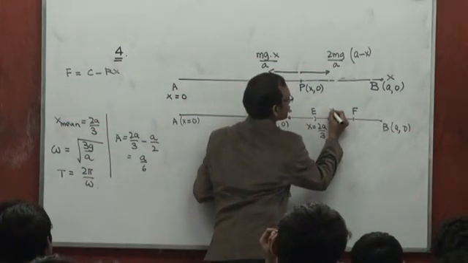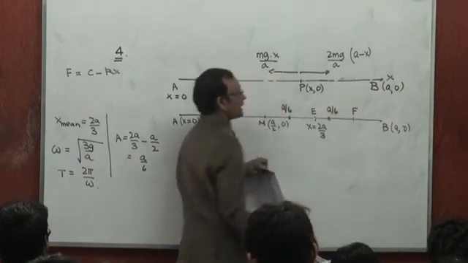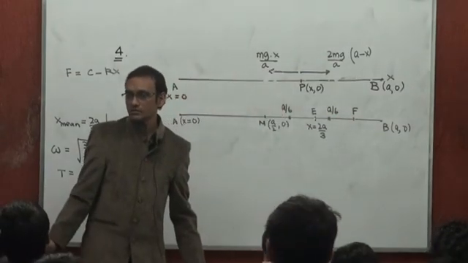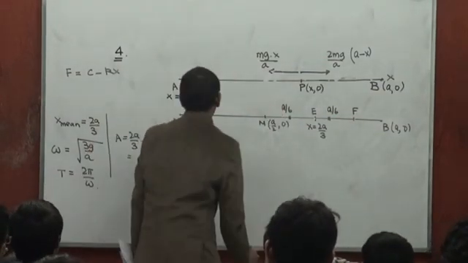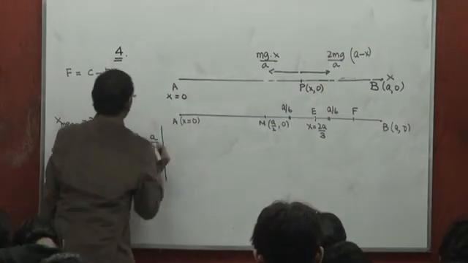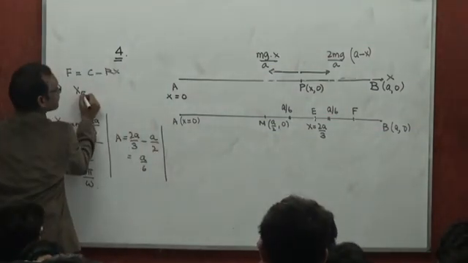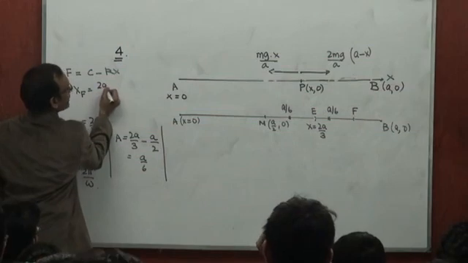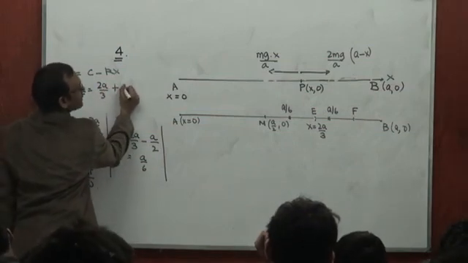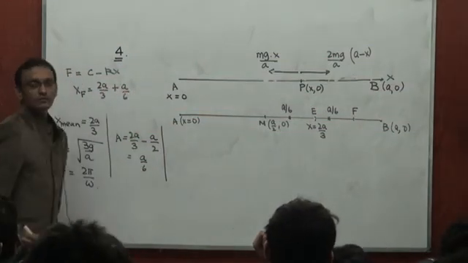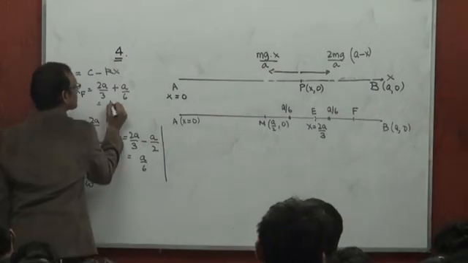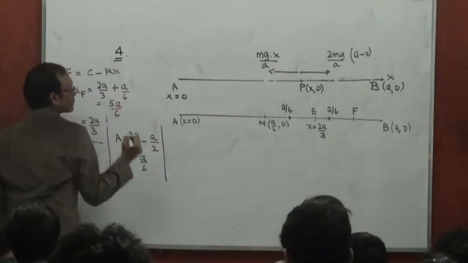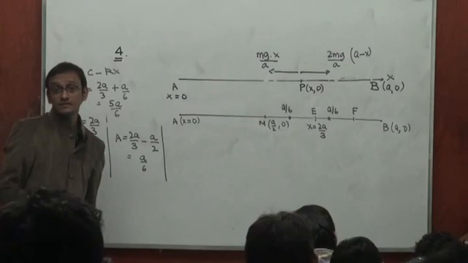So, the farthest it goes from the mean position on either side is a by 6. So, that means the x of F is going to be 2a by 3 plus a by 6, which is 5a by 6, right?